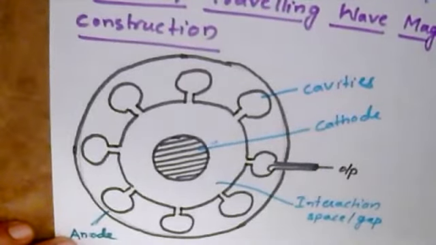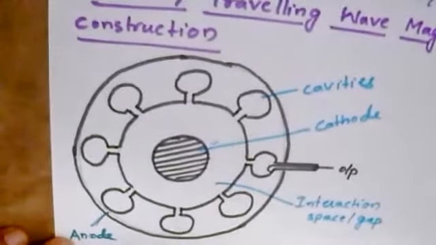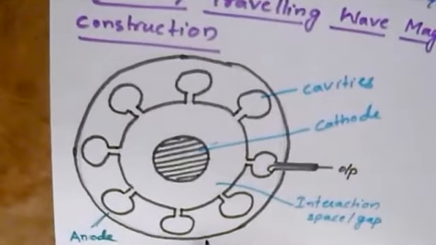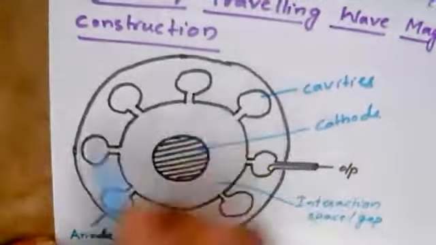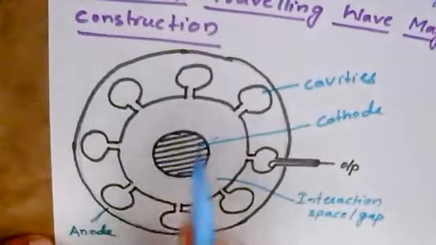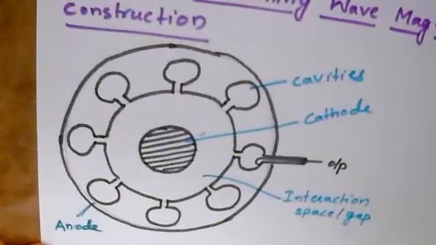Now we'll move on to the working functionality. Listen within the same concentration, how it is being used and what happens over here, the working functionality. Before that, let me justify why it is called an 8 cavity traveling wave magnetron.